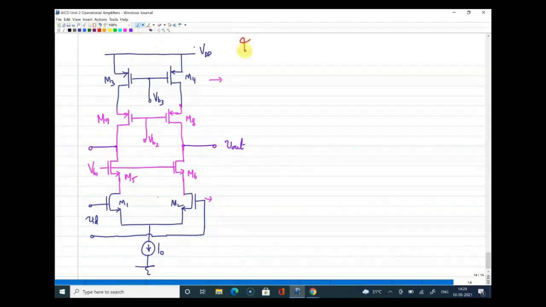Any doubt in the structure? I have just removed the connection. So this is the fully differential telescopic op-amp. Again, how will you identify the components or devices here?